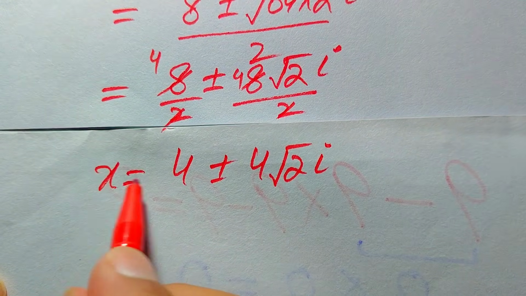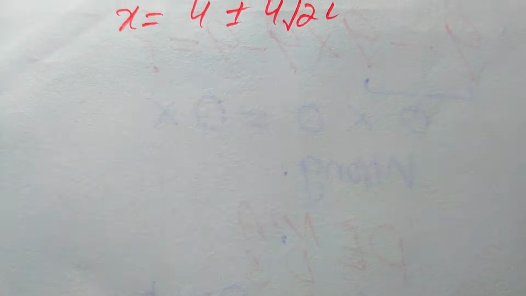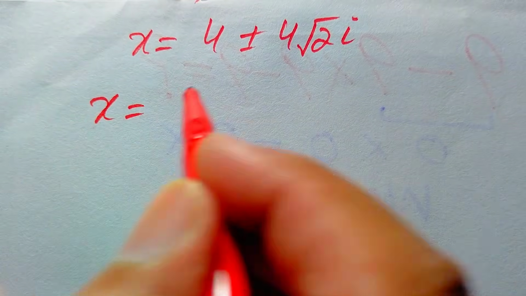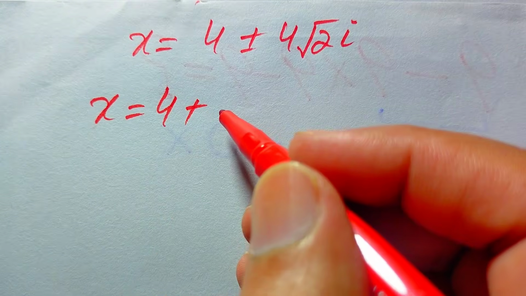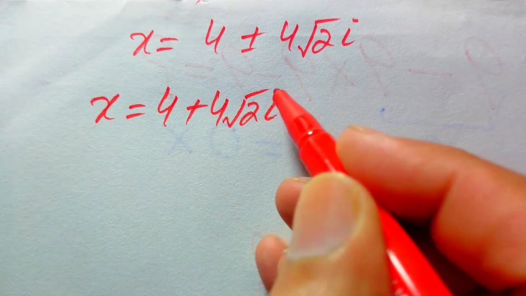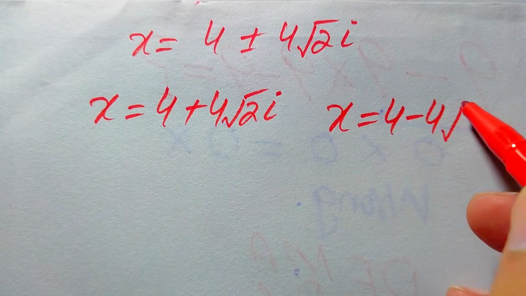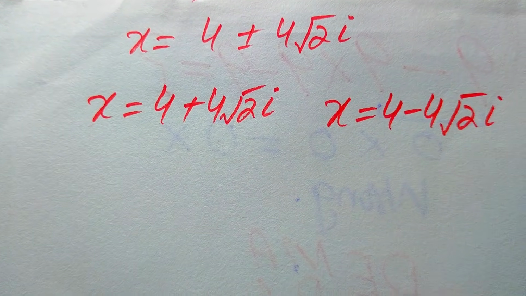These are the two values of x which we get here. And now in the next step we break these values: the positive term is 4 plus 4 times square root of 2 iota, and the negative term is 4 minus 4 times square root of 2 iota.